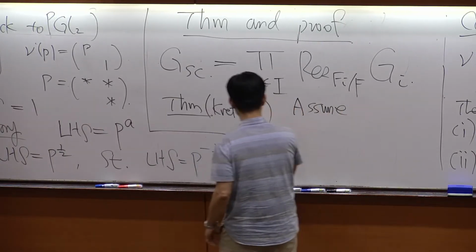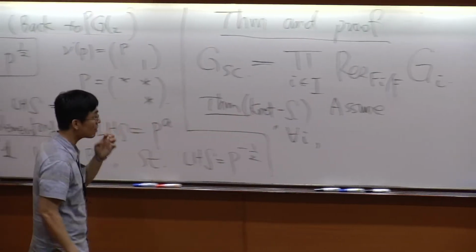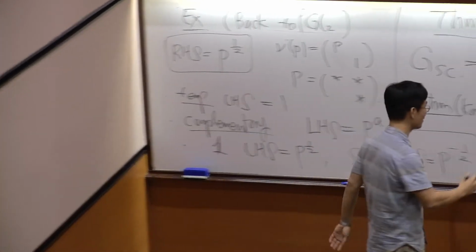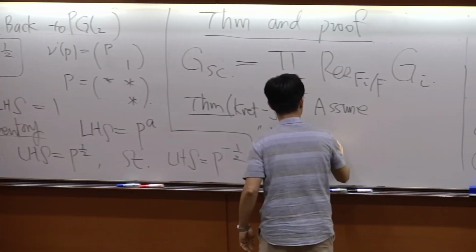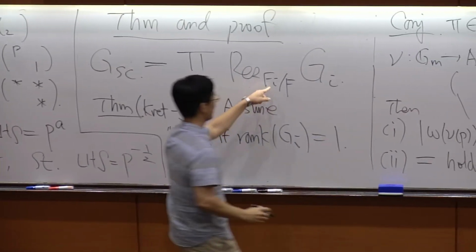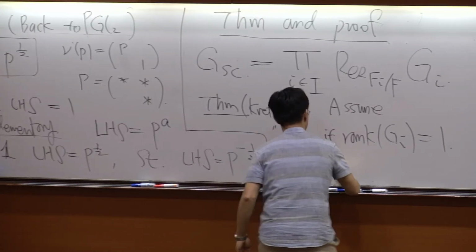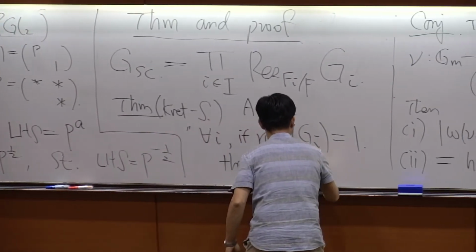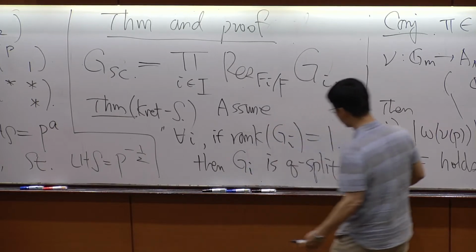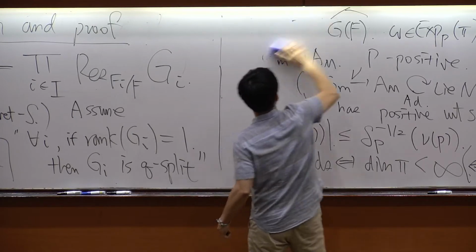Assume that for each i, if G_i has F_i-rank 1, rational rank 1, then G_i is quasi-split. It's really an artificial condition, but you'll see why I need this in the proof.